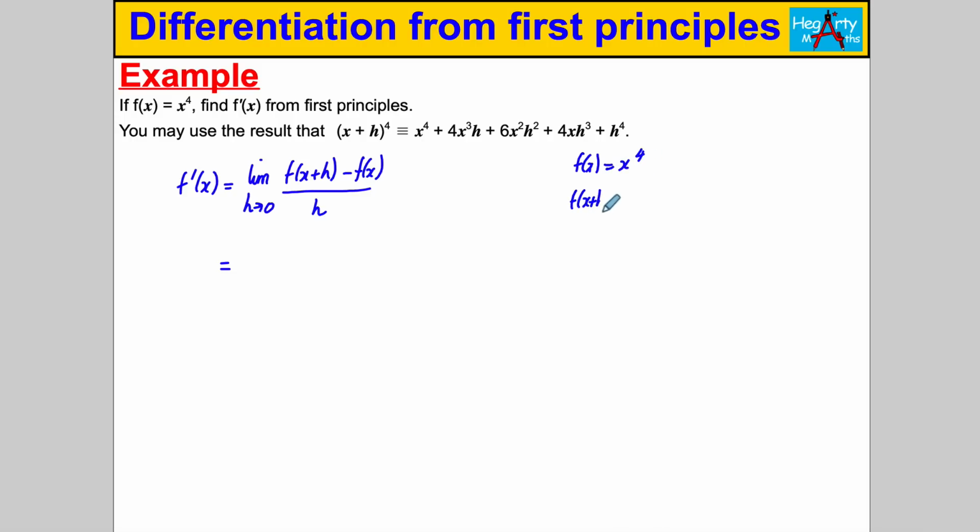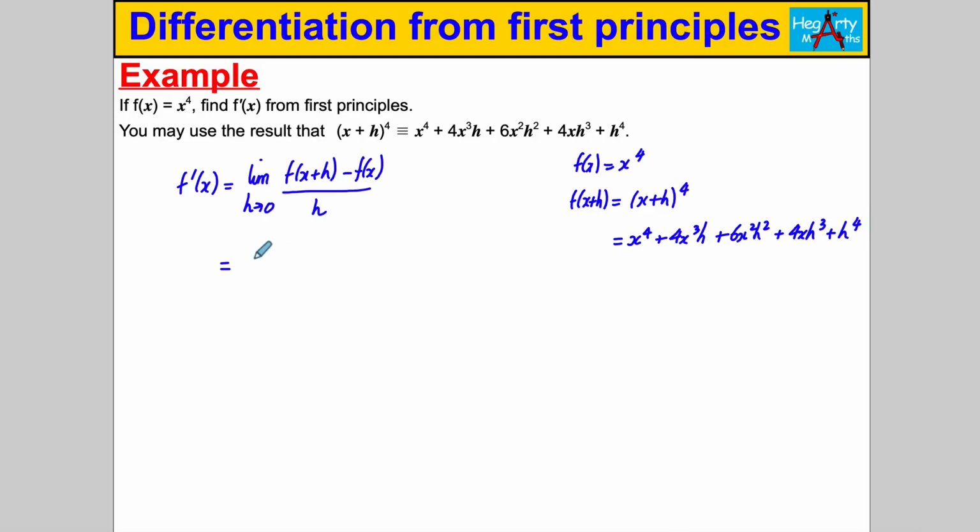f of x plus h, which we're going to have to substitute in, is therefore going to be x plus h to the power of 4. But really helpfully, we've been given the expanded version of that, which is x to the power of 4, plus 4x cubed h, plus 6x squared h squared, plus 4xh cubed, plus h to the power of 4.